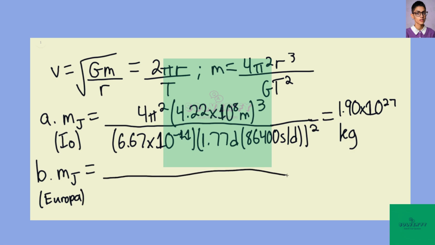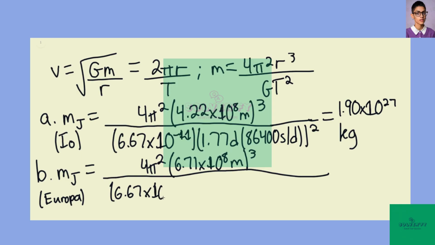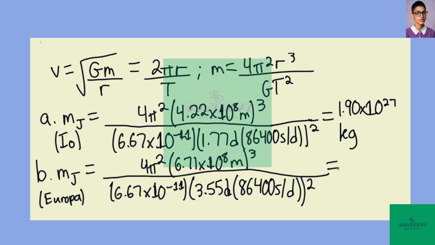So this would be equal to, again, 4 pi squared times the distance between the center of Jupiter and Europa, so 6.71 times 10 to the 8th meters cubed, and then 6.67 times 10 to the negative 11th times the period of Europa, 3.55 days, times 86,400 seconds per day, quantity squared. And this is equaling, again, 1.90 times 10 to the 27th kilograms.